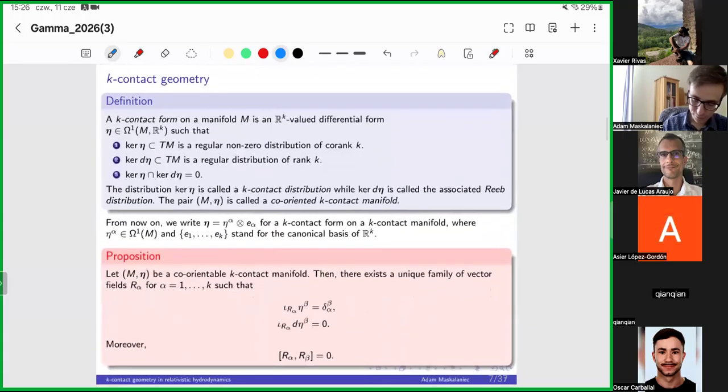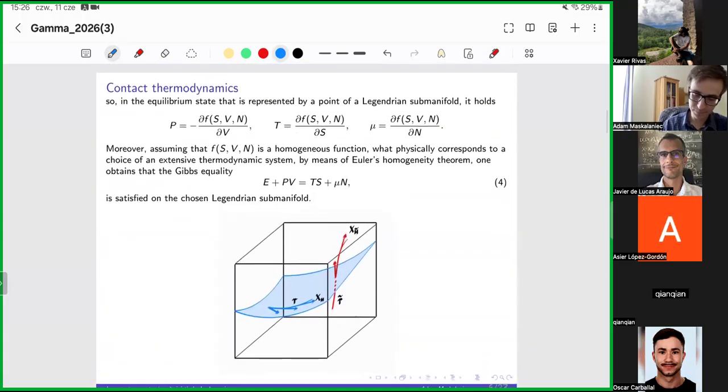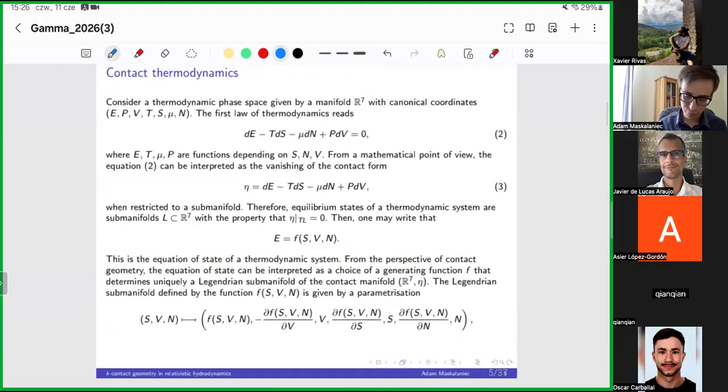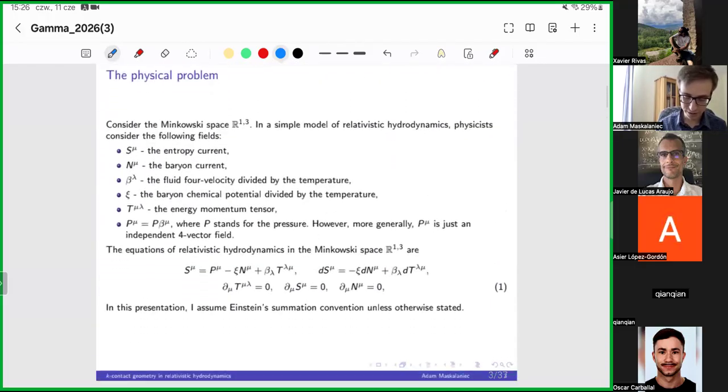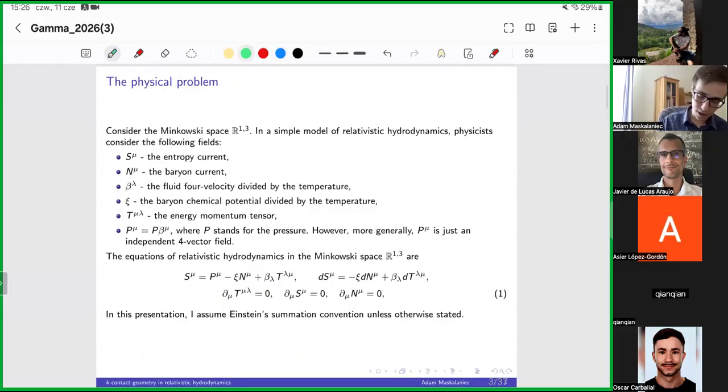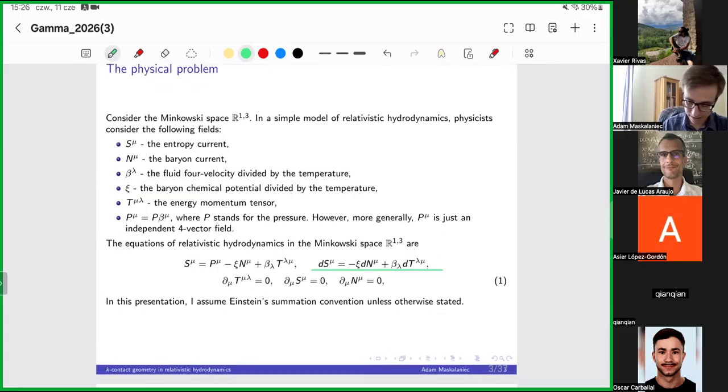Okay, so since, as we already observed, our equations of relativistic hydrodynamics are already quite similar to what we see in contact geometry, especially this equation that I underlined now looks a little bit like a definition of a K-contact form for a certain manifold. It resembles this canonical form written in Darboux coordinates.